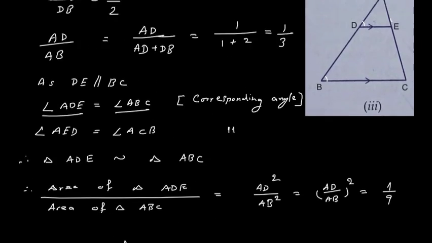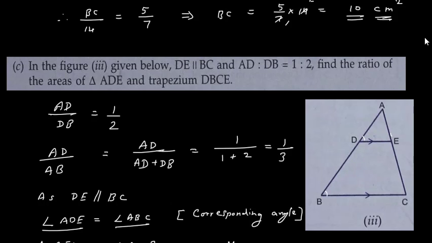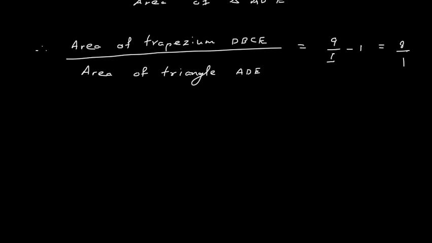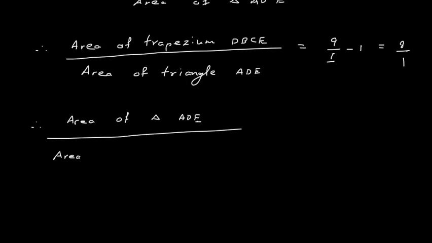Now see what is your question. Find the ratio of area of triangle ADE to trapezium. So now just reciprocate it. So therefore I will say that area of triangle ADE divided by area of trapezium DBCE.